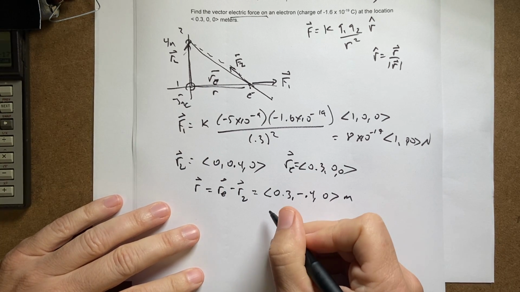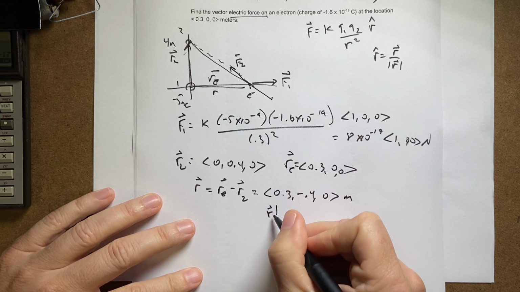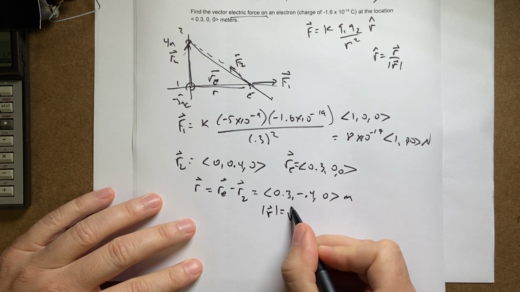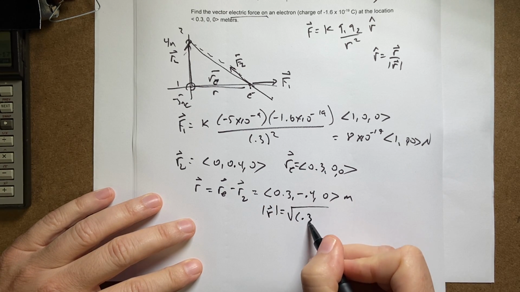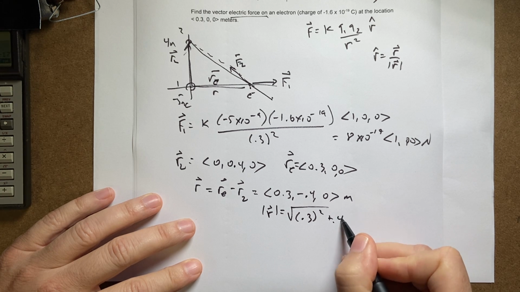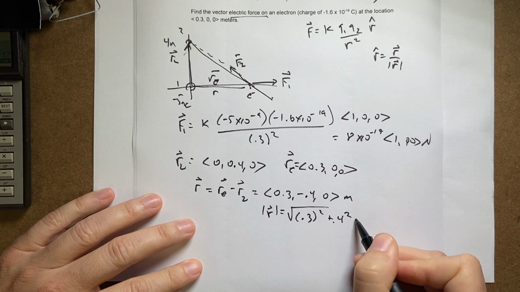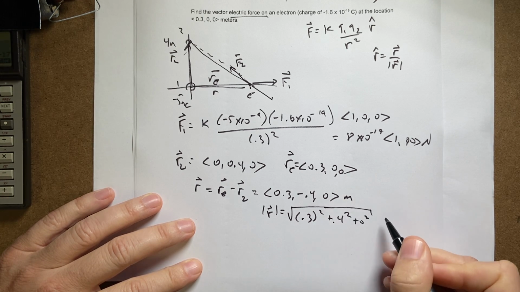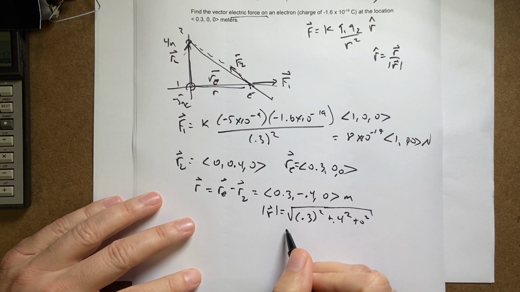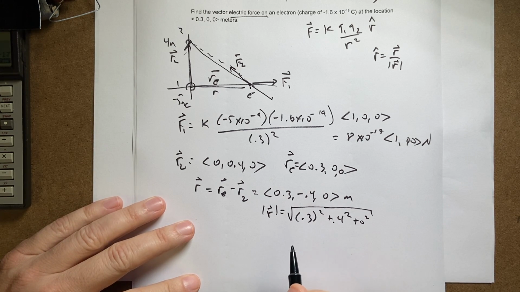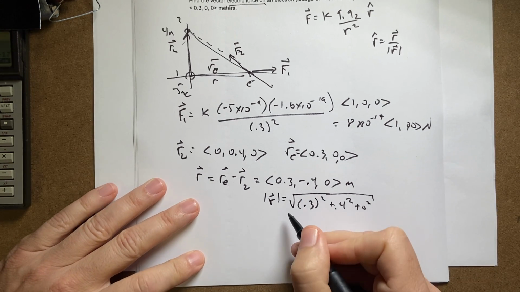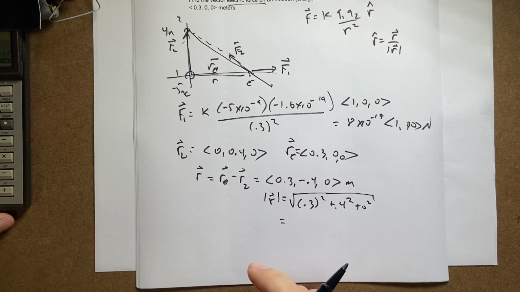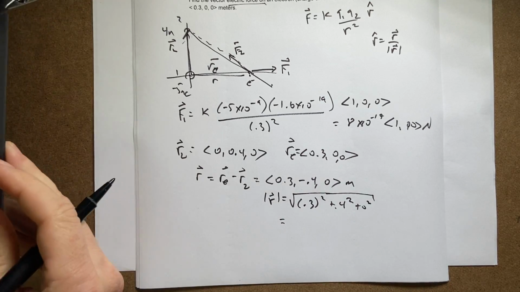Now I need to find the magnitude. So the magnitude of this vector is going to be the square root of 0.3 squared plus 0.4 squared. It's negative, but you're squaring it, so it doesn't matter, plus 0 squared. And I can take the square root, but I actually don't care. I guess I do care. Okay, so let's go ahead and find that. I'm going to use my calculator again.